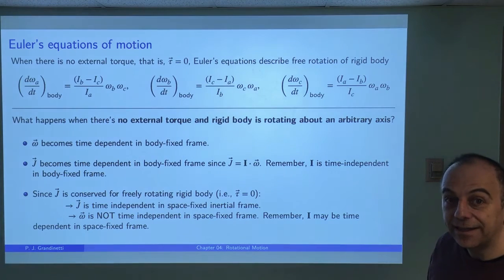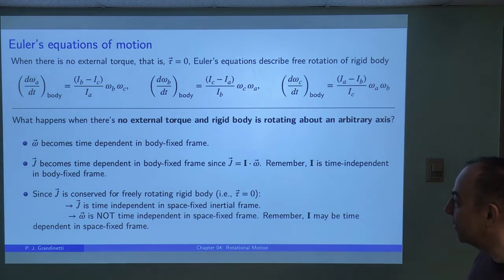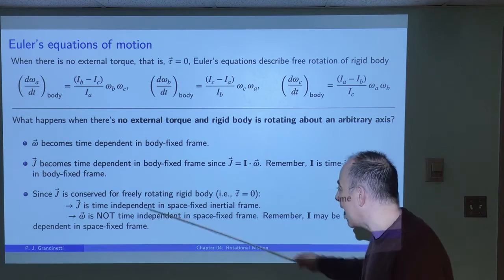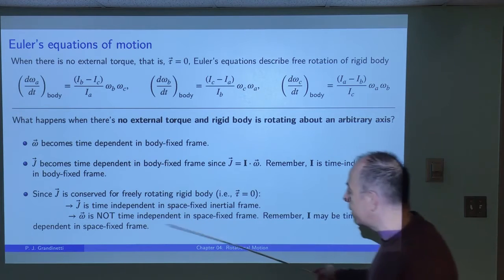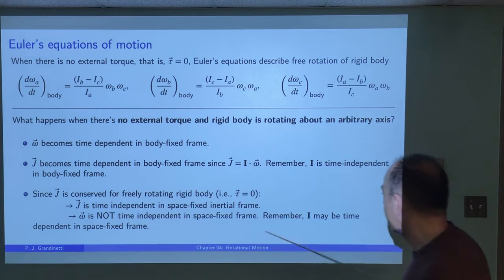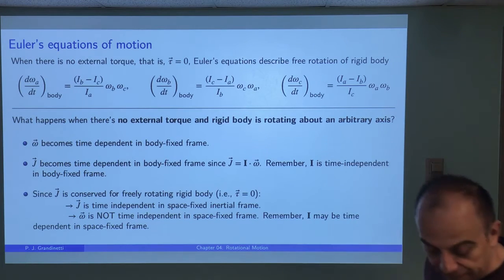But we know in the space fixed frame, there's no torque acting on this system, so J has to be time independent in the space fixed frame, but omega is not going to be time independent in the space fixed frame. And remember that I, when viewed from the space fixed frame, may be a time dependent quantity. So that makes sense, that J can be time independent, and why omega is not.